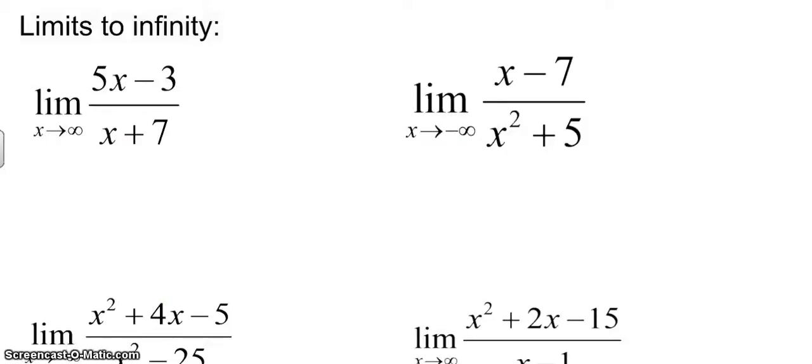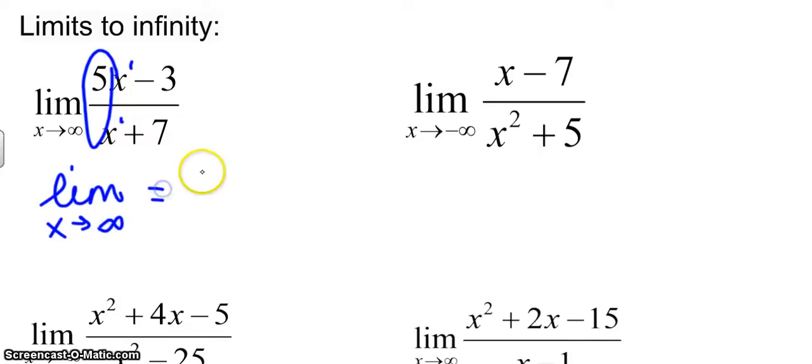So the limit as x goes to infinity of 5x minus 3 over x plus 7, first thing would be to try to simplify if you can, and this one is not going to simplify. So we want to look at the power in our numerator over the power in our denominator. This is going to be even heavy, so my limit as x goes to infinity is going to be equal to 5.